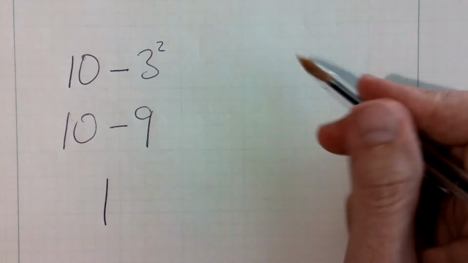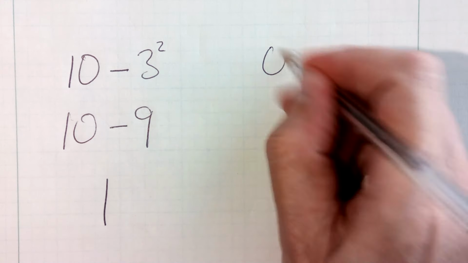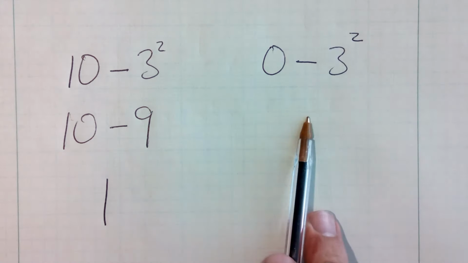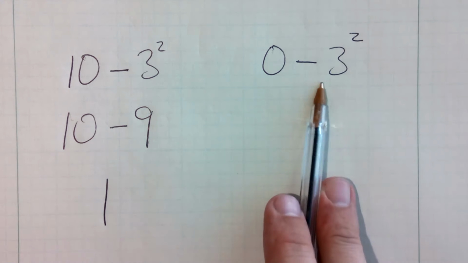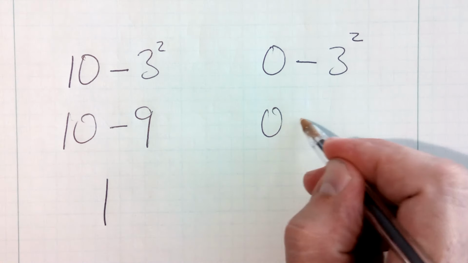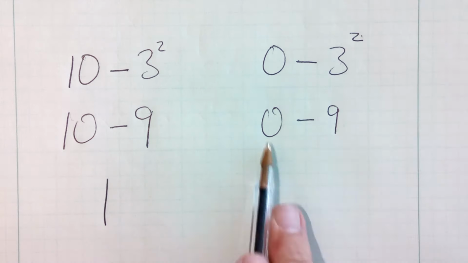Well, there's no reason I couldn't do a very similar equation where I do 0 minus 3 squared. And again, I've got to do the exponent before I do the minus. So that'd be 0 minus 9, because 3 squared is 9. And what's 0 minus 9?